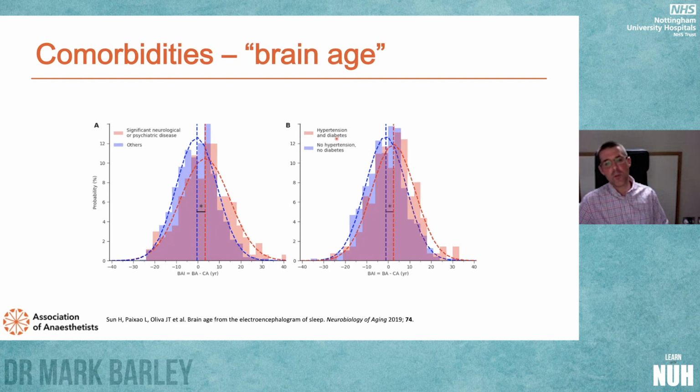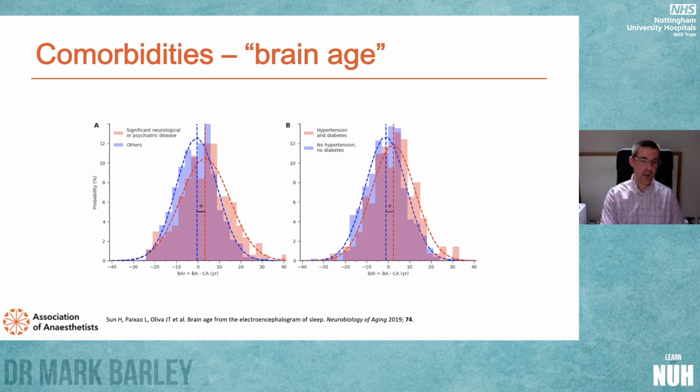So our patients with these problems have accelerated brain aging. Whether or not this is related to microvascular disease remains to be unpicked. But the concept of brain age isn't unique to anaesthesia. It's also noted in sleep. I would not want to be this person right out here whose brain age is some 30 or 40 years in advance of their chronological age. But this is something that I think we sometimes see on the EEG.